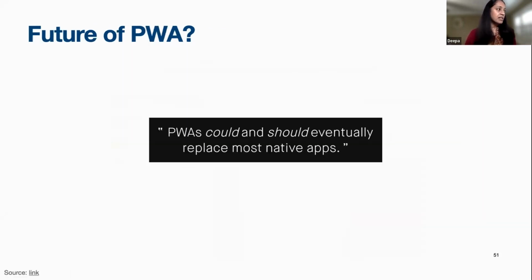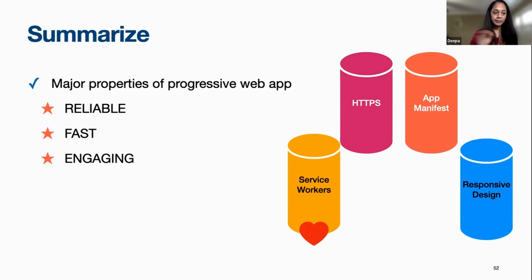Alrighty. So with that, what is the future of progressive web apps? They say that progressive web apps could and should eventually replace most of the native apps, which is a good thing. And it is projected that it could be the future, right? And to summarize, we talked a lot about progressive web apps.